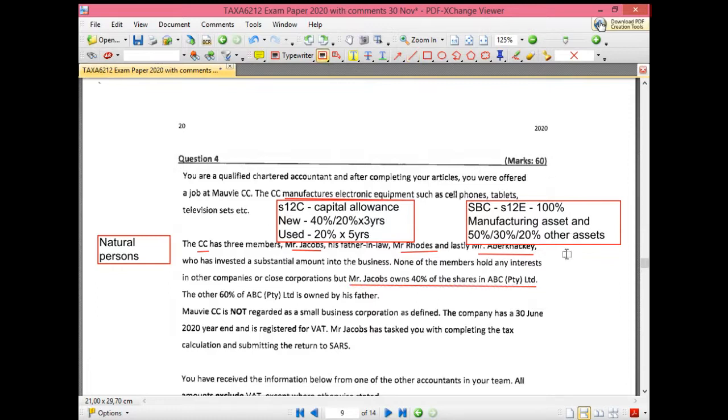Now for an SBC, your members are not allowed to have shares in other companies. So just based on that fact, you already know what he needs to change for that 1 mark in question 4.2.